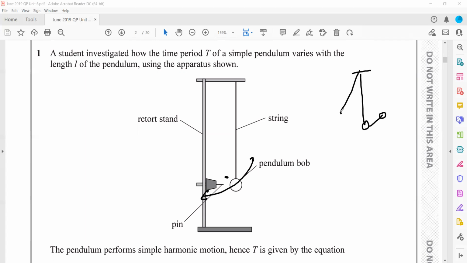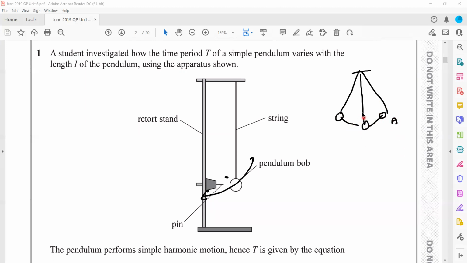For example, if it starts from position A and we leave the pendulum, it will vibrate in the opposite direction and then return. But it won't return to the same original position, because whenever a pendulum is vibrating, it loses some of its energy. It will return to a new position, and every time the position will change, so it won't be accurate.